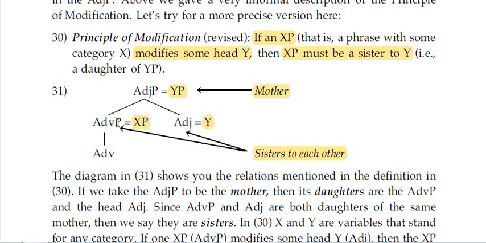If adverbial phrase XP modifies Y adjective, then XP must be sister to Y. Jadi jika adverbial phrase di sini kita sebut XP menjadi modifiernya Y, Y di sini adalah adjective, maka XP adalah sister to adjective. Kenapa?